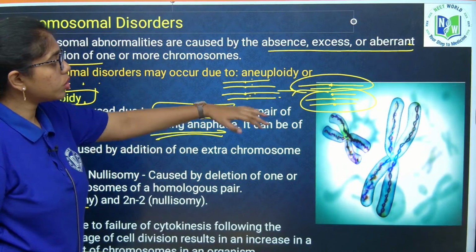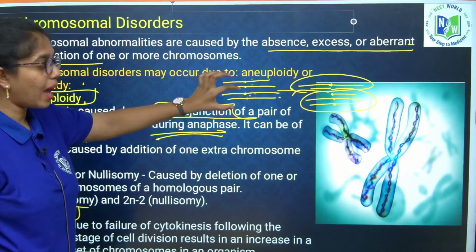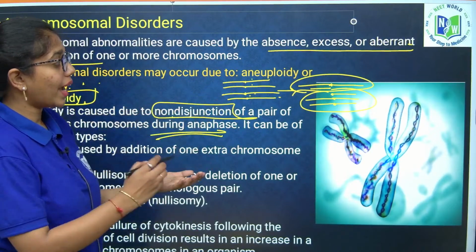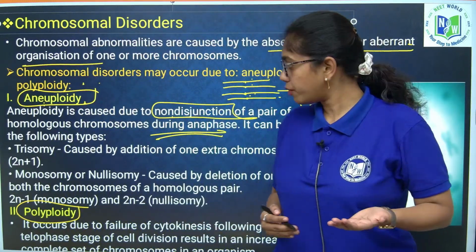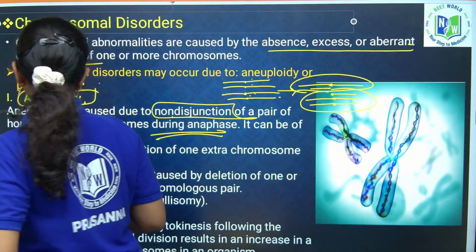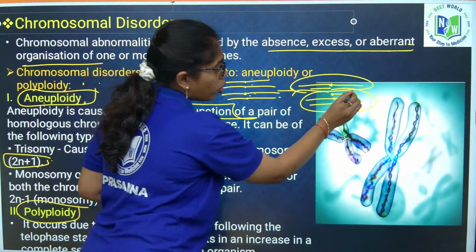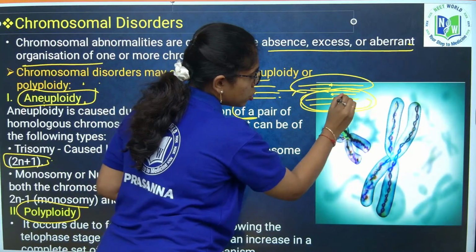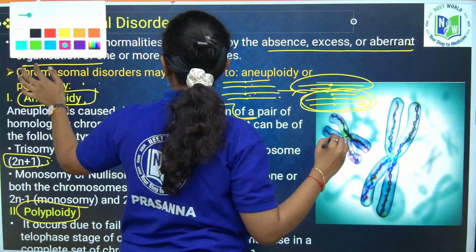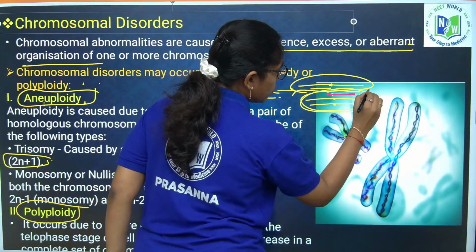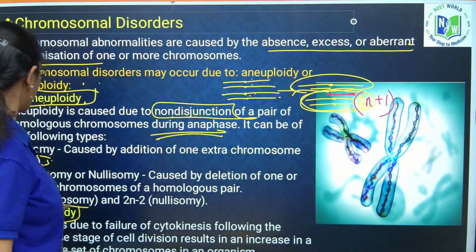The chromosomes move to the opposite poles in an abnormal, aberrant way, because of which either excess chromosomes or fewer chromosomes will be formed. If an excess chromosome is formed, like 2n plus 1, as we have seen here, one more chromosome is formed along with the pair.